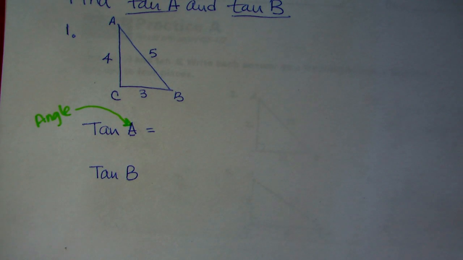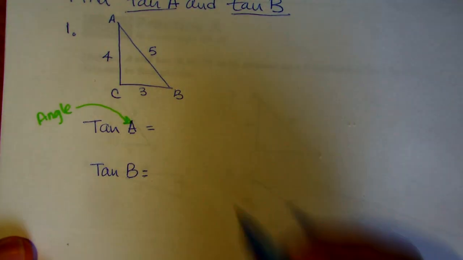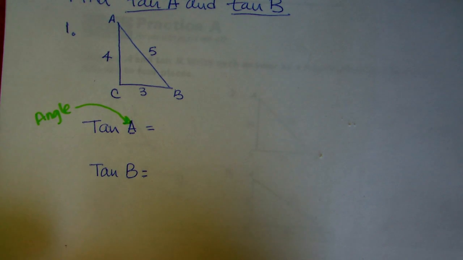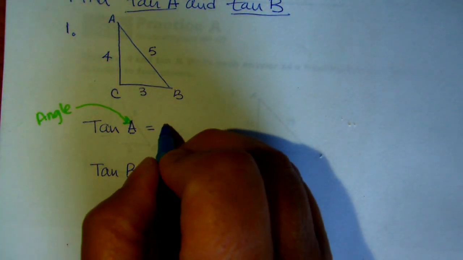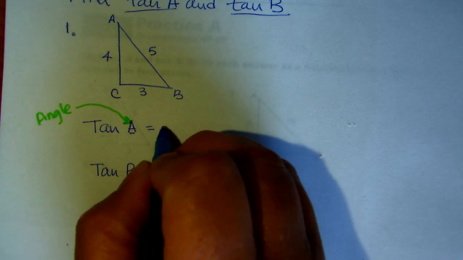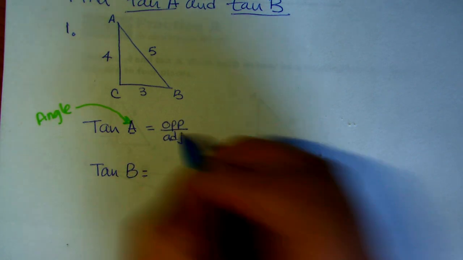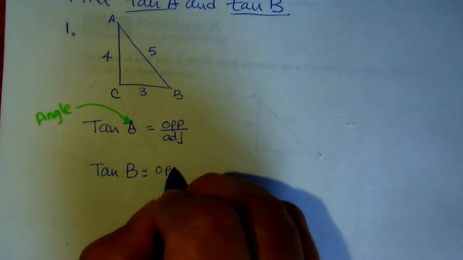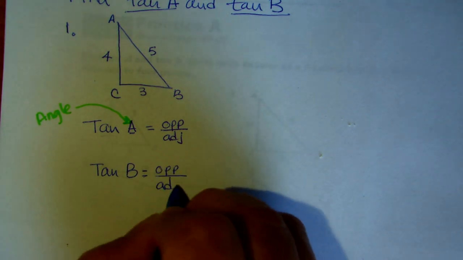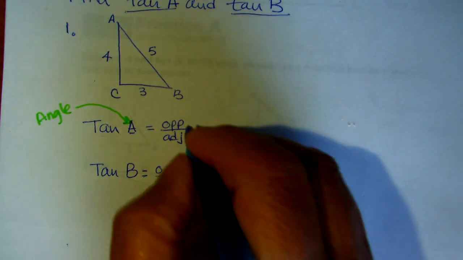And just to remember what we saw in the guided, the tangent ratio is the ratio between the opposite side over the adjacent. So I'm going to write the formula right here: opposite over adjacent. We already covered this, okay? And you have it in your notes.